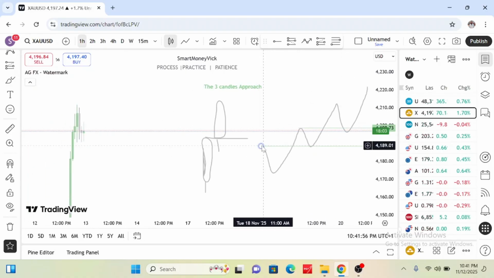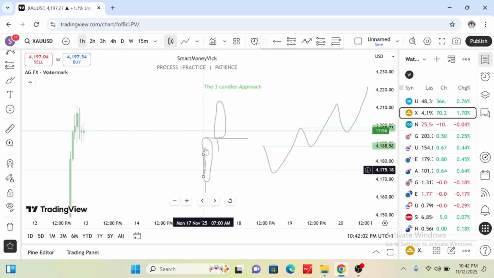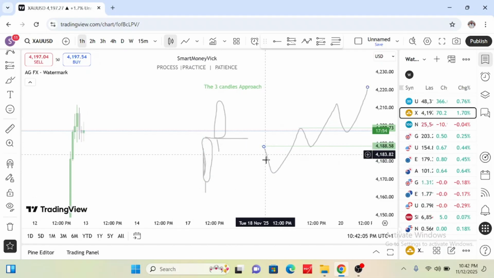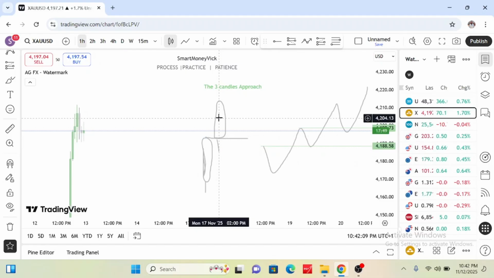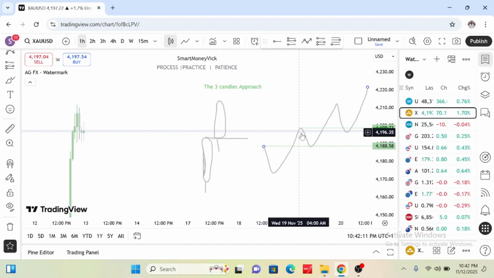I need you to visualize this one candle you are seeing here as this whole move. Visualize this candle as this whole move here, and the low of this next candle as this retracement here, the body of it as the continuation.